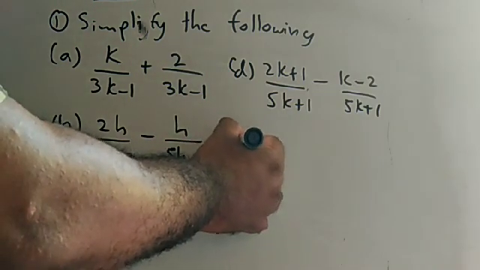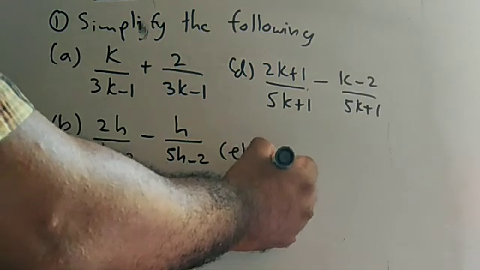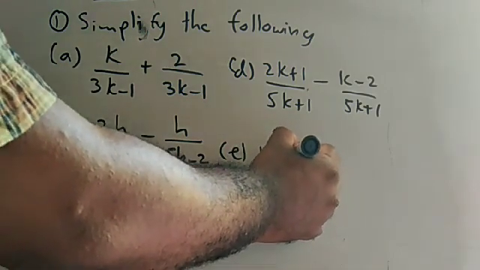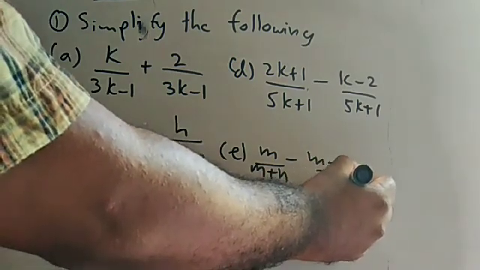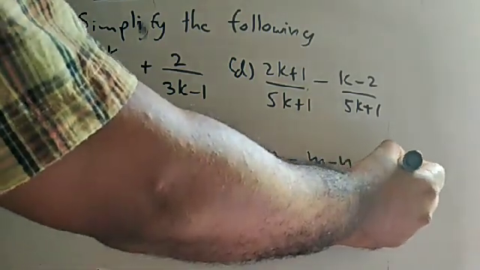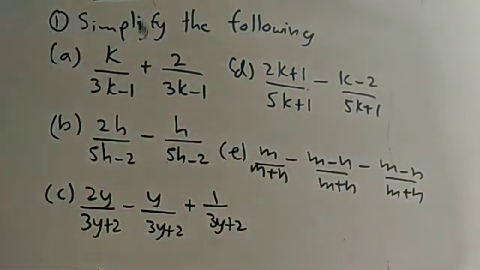The last one, m upon m plus n minus m minus n upon m plus n. Right?